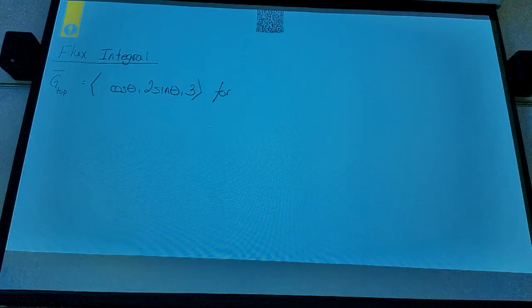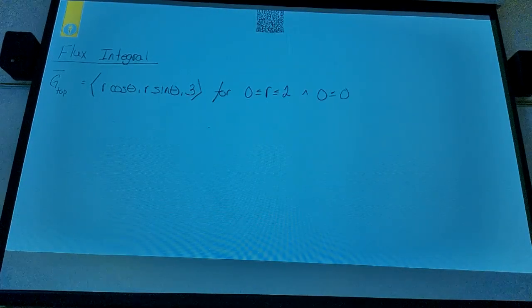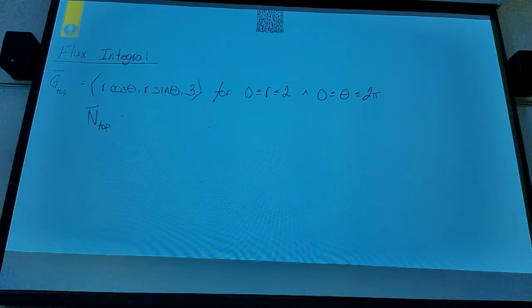Sorry, that should be r. r is going to go from 0 to 2, theta is going to go from 0 to 2 pi. The normal vector for the top would just be 0, 0, r.